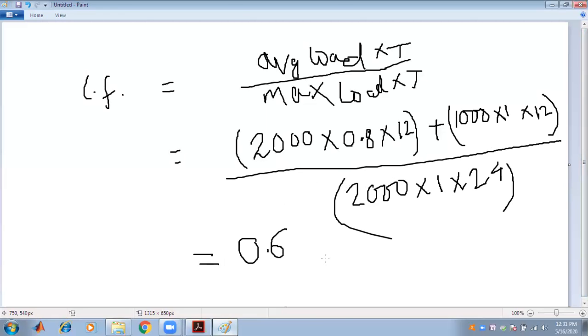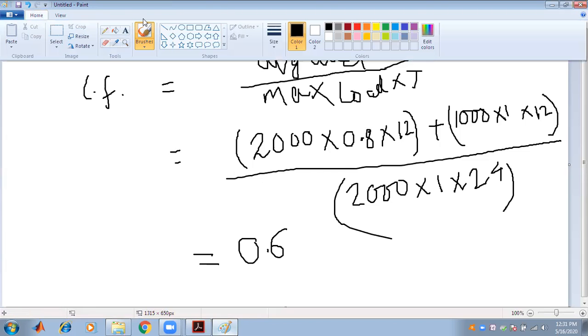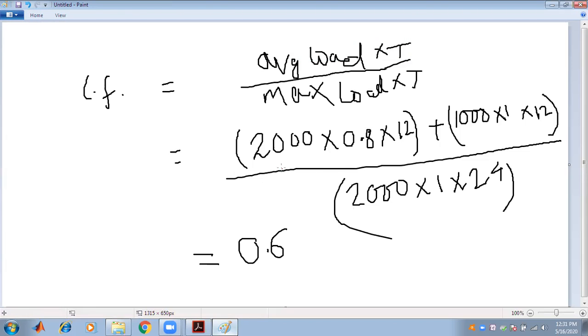It is given that an industrial consumer has a daily load pattern of 2000 kilowatt having a 0.8 power factor run for 12 hours, plus 1000 kilowatt having unity power factor run for 12 hours. This is our average load calculation. Now for the maximum load calculation, between 2000 and 1000, 2000 is the maximum.